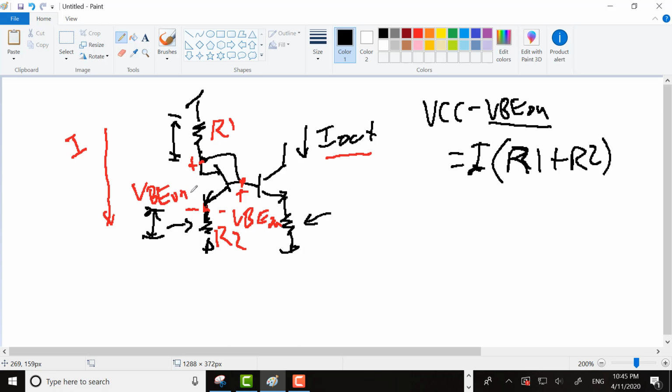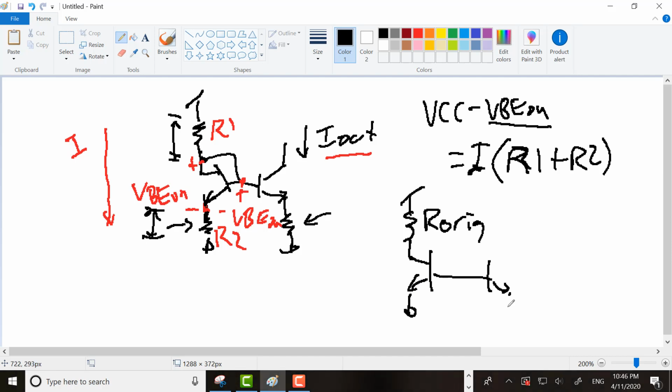So the way to calculate that, you can do some horribly complicated calculations, but the easiest way to do that is, let's call this R orig. So from the first part of the lab, you had to calculate R bias. Yeah, let's call it R bias because that's what is in the handout.